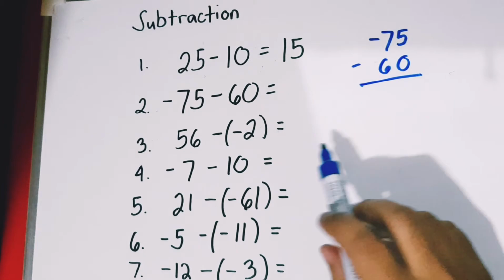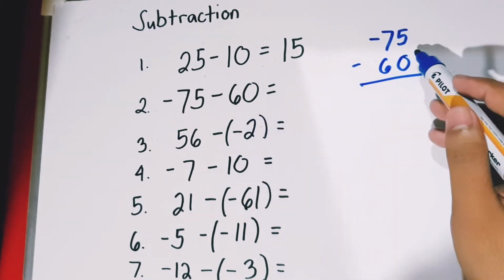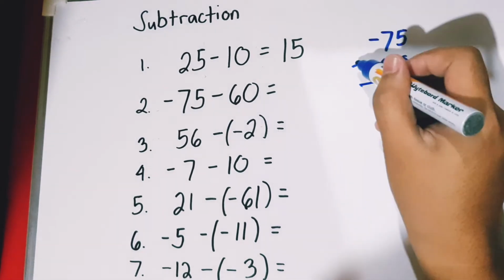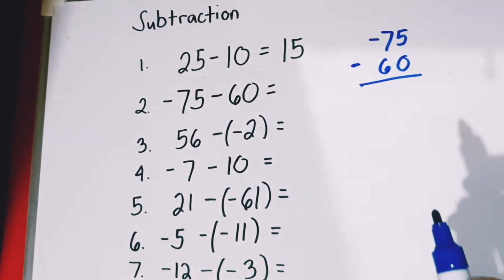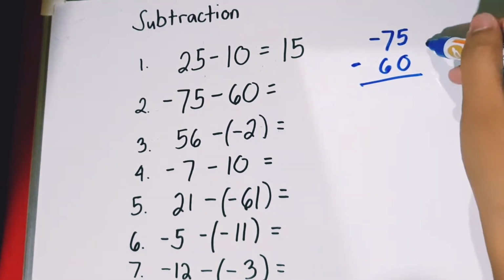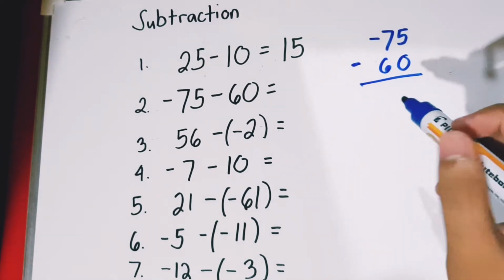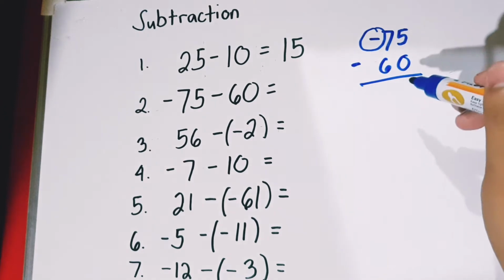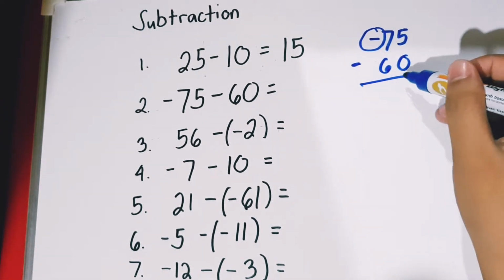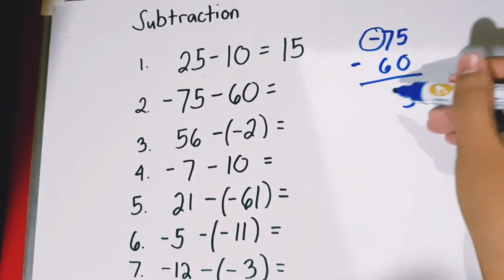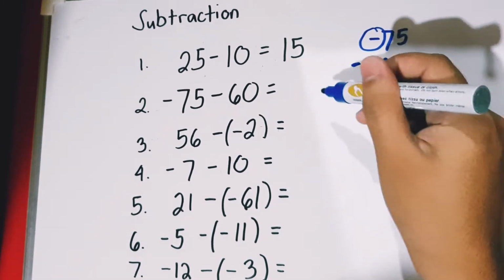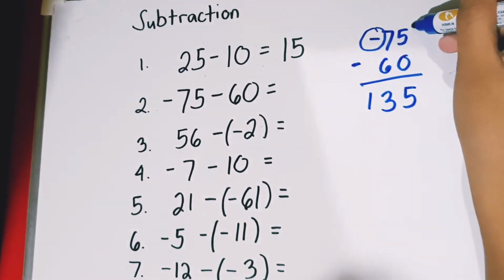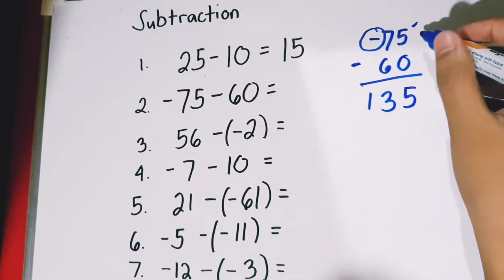If the first one is negative and the second one is positive and it is a subtraction, I add them both and follow the first sign. So add them both, 135, and follow the sign of the first integer, so this one, negative 75.